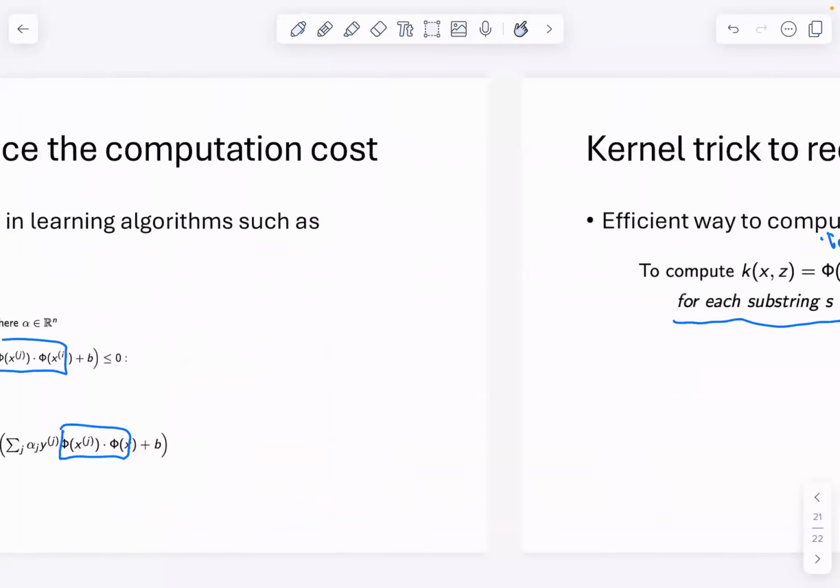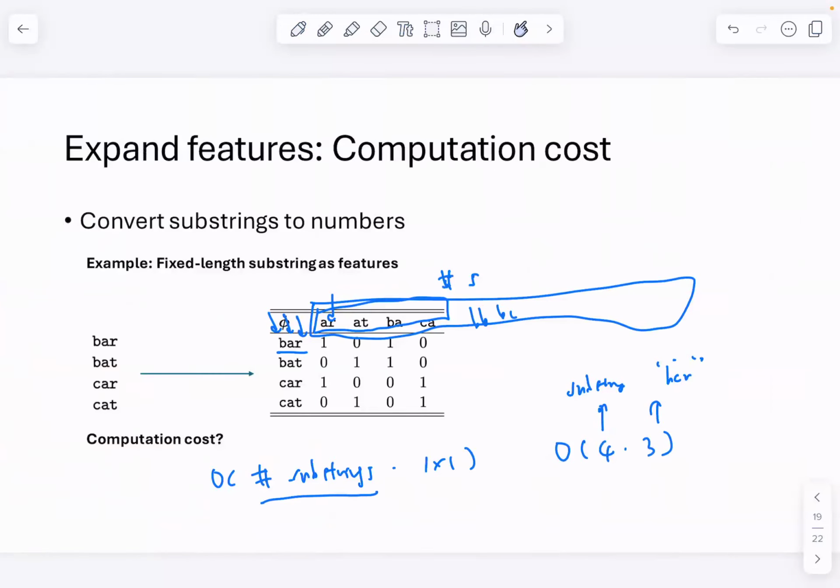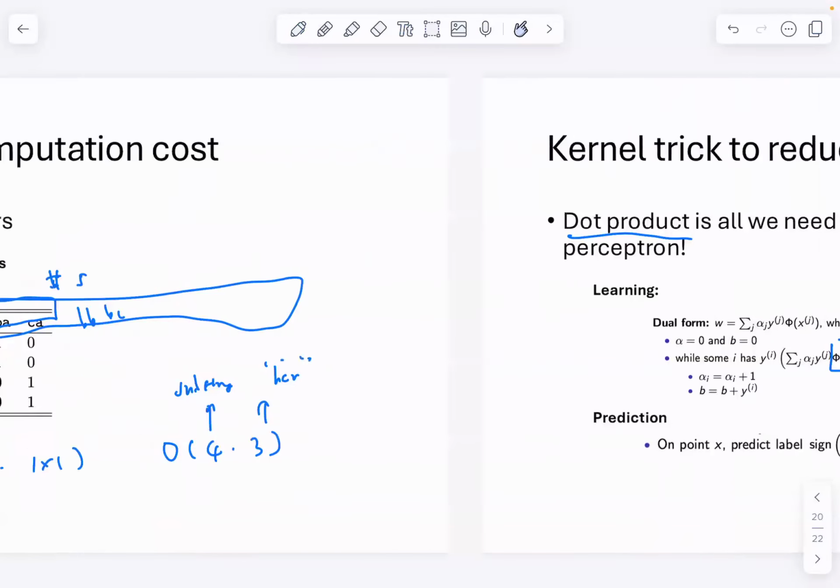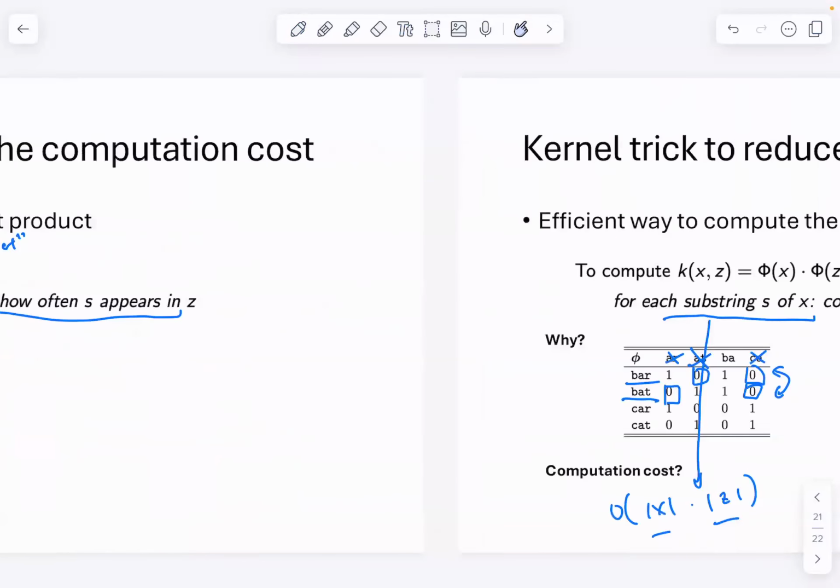The original cost scaled with the number of substrings, which is very large if we have a large vocabulary. But now this cost is not scaled with the number of substrings anymore. It's only scaled with the length of the input.